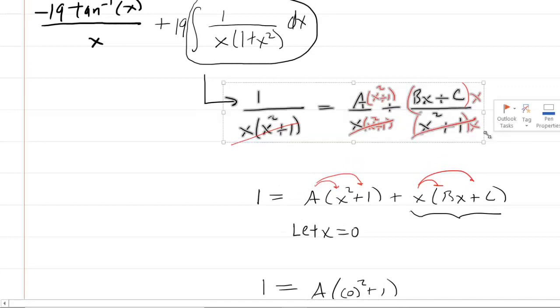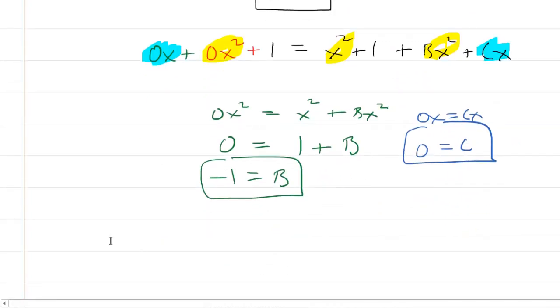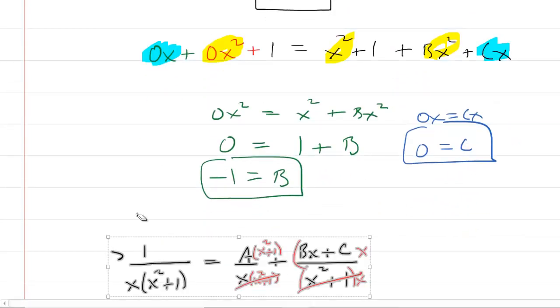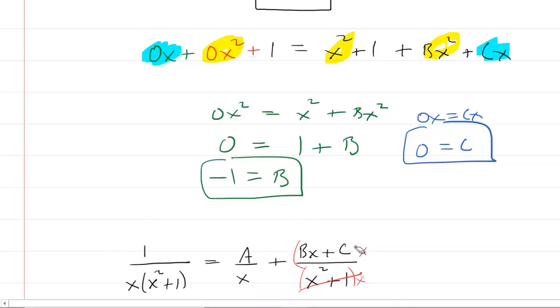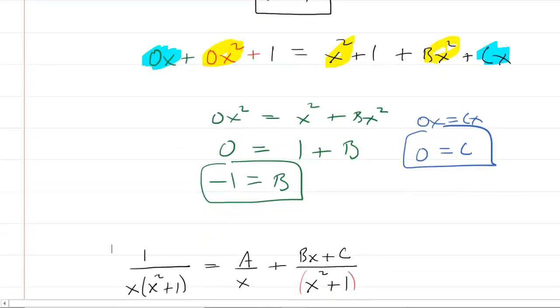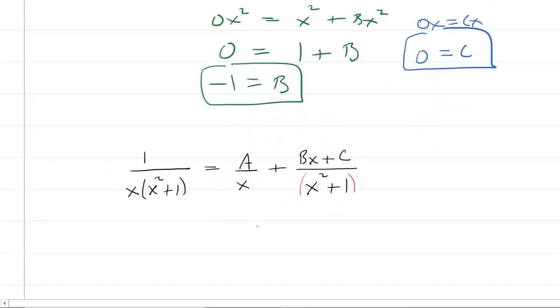So we're going to grab this expression and drag it below here. Right there. And let's clean it up. Let's go back to when the denominators were different from each other. So it would look something like that. And then again, we found out that a was 1, b was -1, and c was 0.